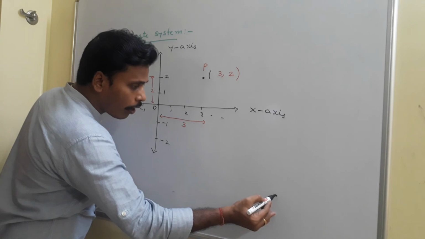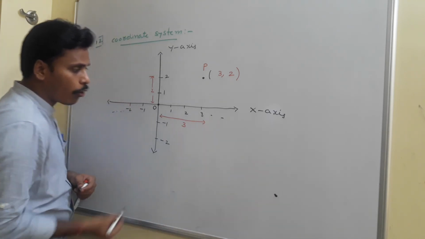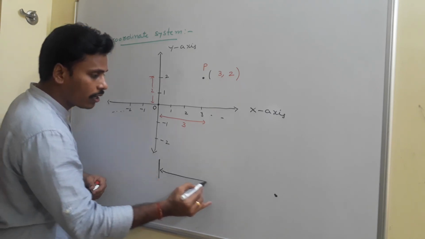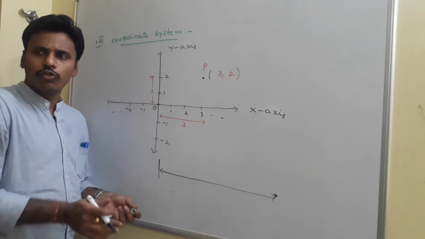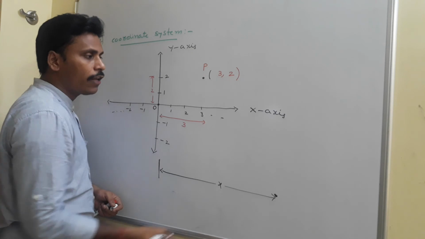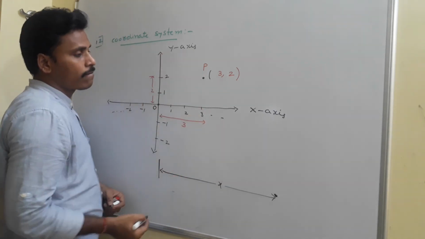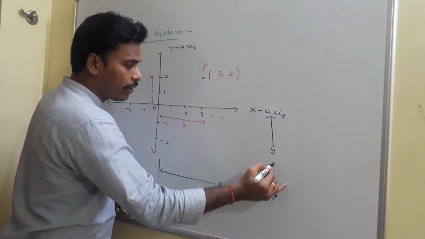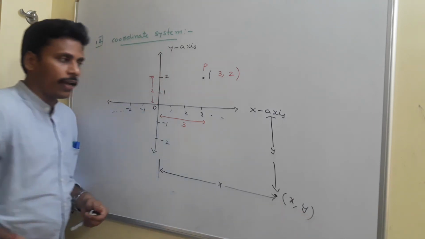To address this point, you need to calculate its distance from the origin along the x-axis. It may be in terms of centimeters or kilometers, no problem. Suppose the distance is some x units, and you calculate its distance from the origin along the y-axis, and if it is some y, then its address is given by x comma y.